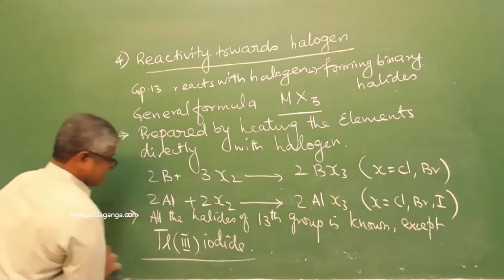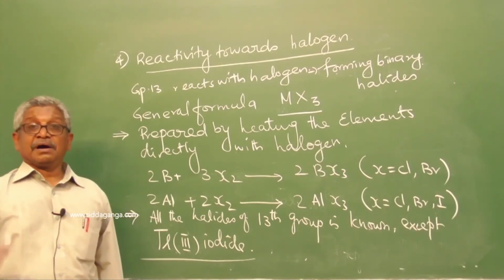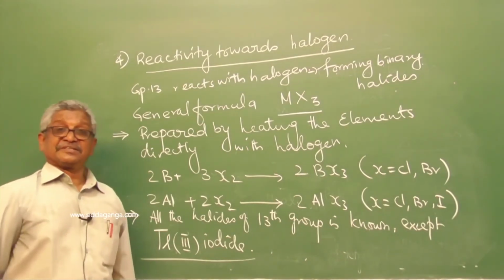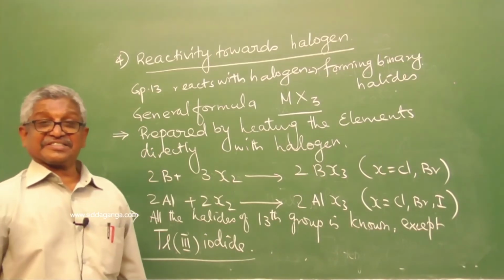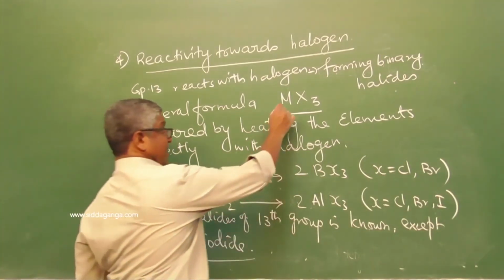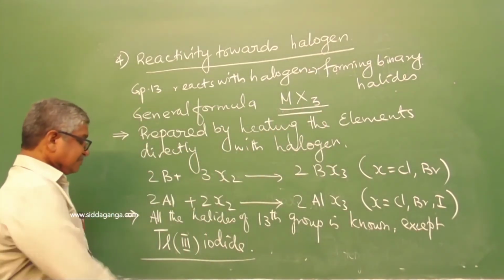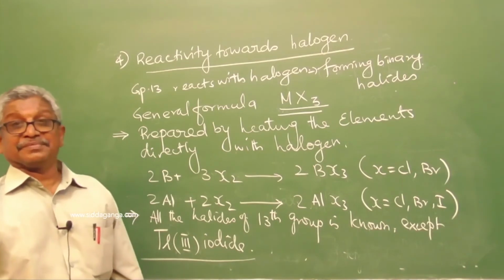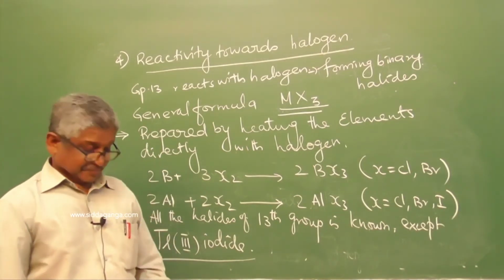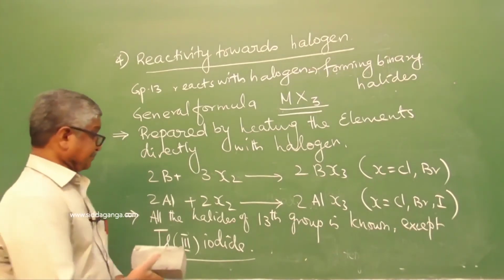Only this is unknown. All other elements with the halogens form compounds with the general formula MX3, except thallium triiodide.